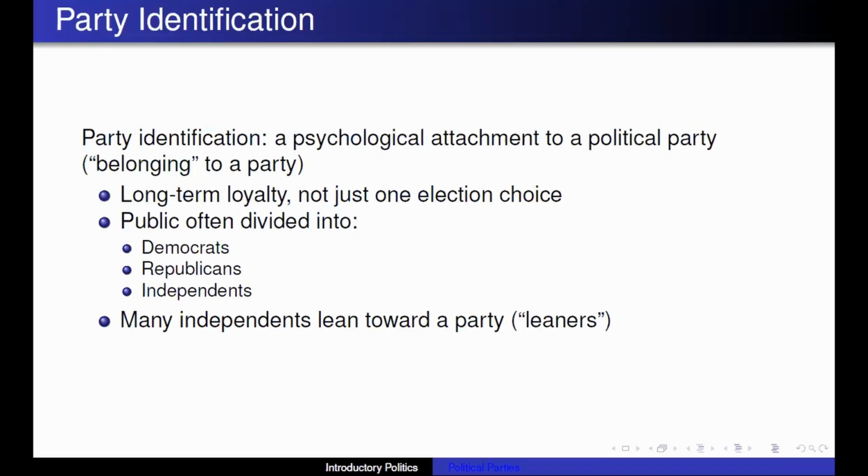In the United States today, when we think about party affiliation or party identification, we think about the public being divided into basically three big groups: Democrats, Republicans, and Independents. While independents are not a party in the United States, we essentially identify those who are not Democrats or Republicans as independents.